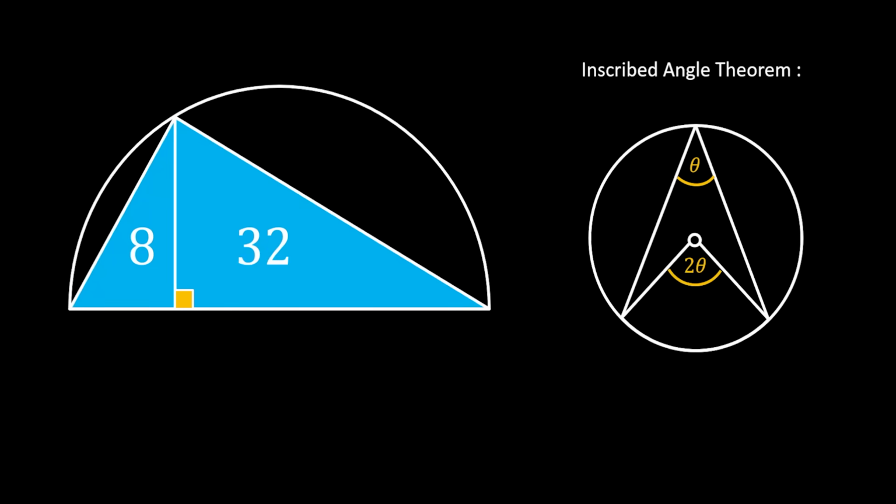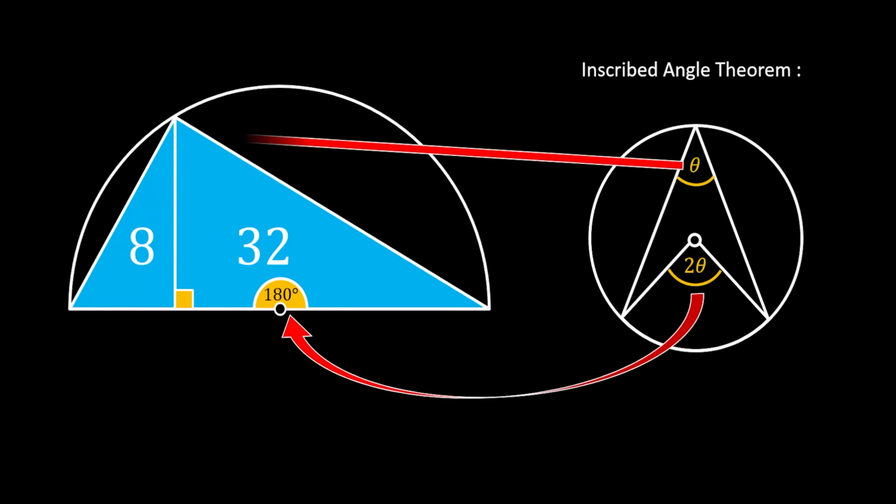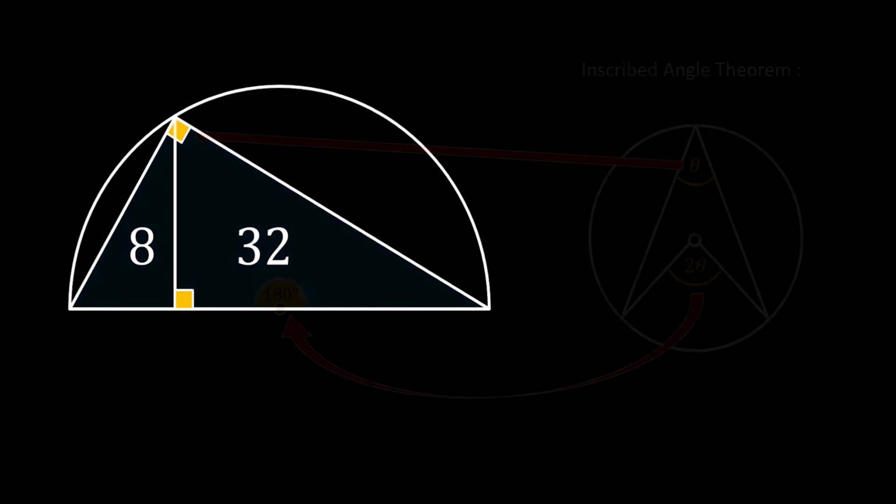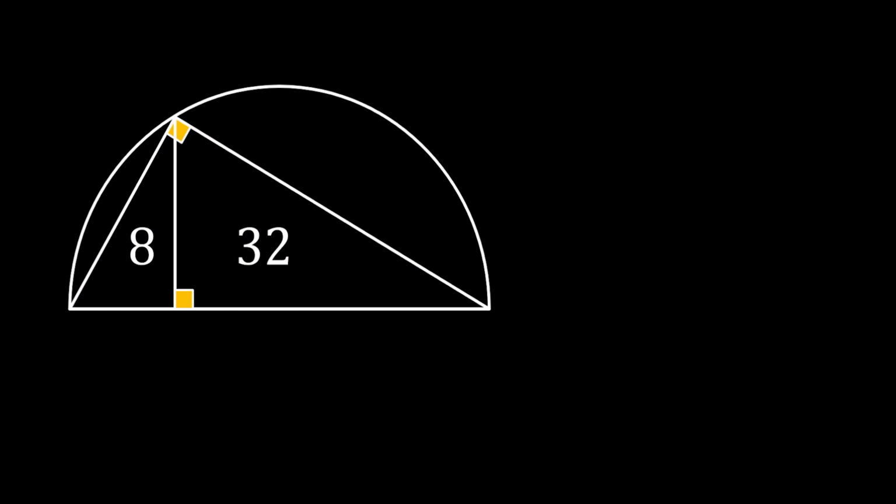As you can see on the sketch, we have a semicircle, which means that the central angle must be 180 degrees. So this means that the inscribed angle at the top must be a 90-degree angle. This is important because with this we know that our big triangle is actually a right-angled triangle.